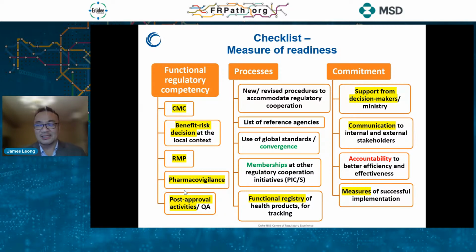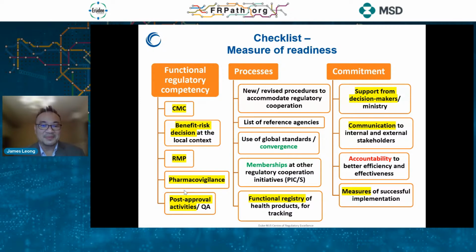So the regulators themselves must be prepared to justify and have a good rationale behind their own list of reference agencies. Now, I will not overemphasize the need for convergence. You can only rely on or reference someone when your standards are similar. And I believe Sandy will talk a little bit about this.